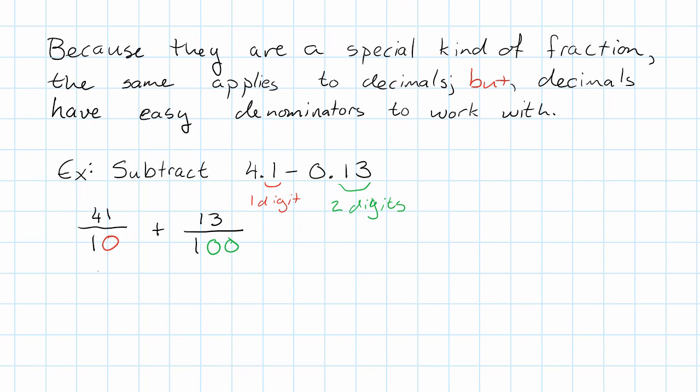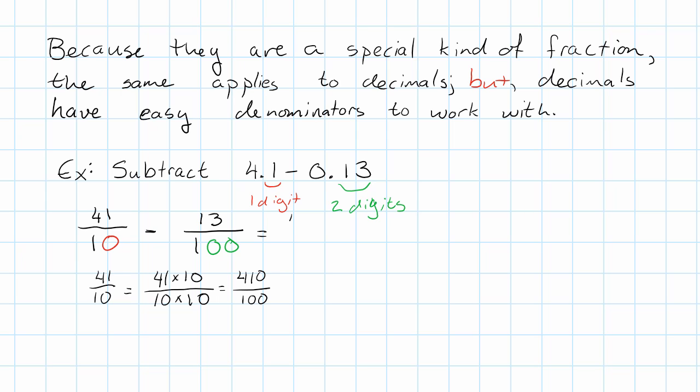So we can say 41 tenths is, what do we have to multiply 10 by to get 100? Just 10. So 41 times 10 in the numerator, that's 410. 13 hundredths already has the denominator I want, so I'm going to leave that be.